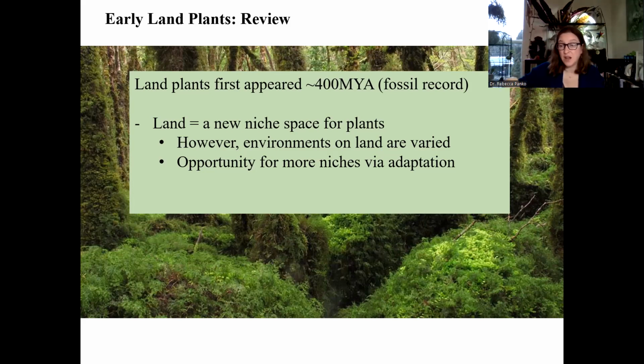So that presents additional opportunities for plants to move into these different habitats and environments. But in order to do that, they have to be able to live there. And so whoever is successful at living, for example, in the desert, will produce more offspring than things that are not successful at living in the desert. And over time, we'll see adaptation take place such that different plants become specialized to some of these different environments.